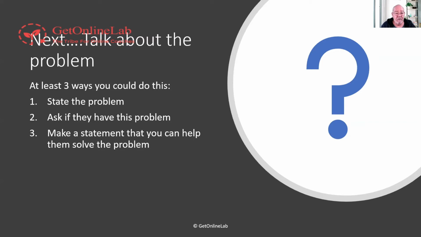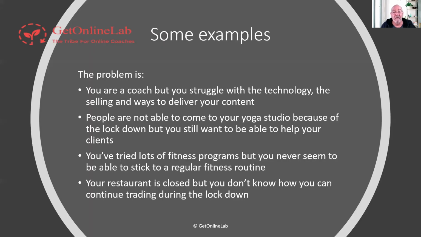Just some examples of how you might talk about the problem in your copy. You would write, the problem is you're a coach, but you struggle with the technology, the selling, and ways to deliver your content. Or something that's completely different: the problem is people are not able to come to your yoga studio anymore because of the lockdown, but you still want to be able to help your clients.